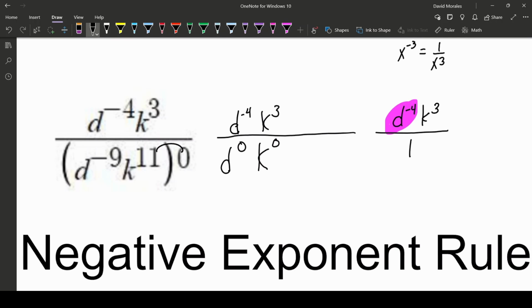So my next step is rewrite the top, k to the third, because I didn't move k down there, and then d to the positive 4 on the bottom. So what happened to the 1? Well, d to the 4 times 1 is the same as d to the 4, okay? So no need to write that.